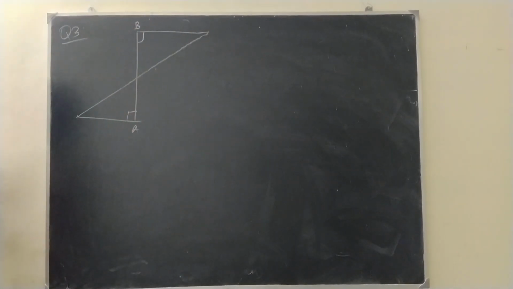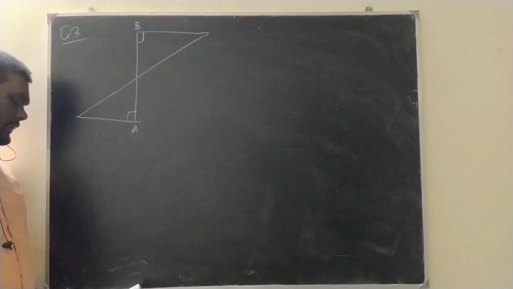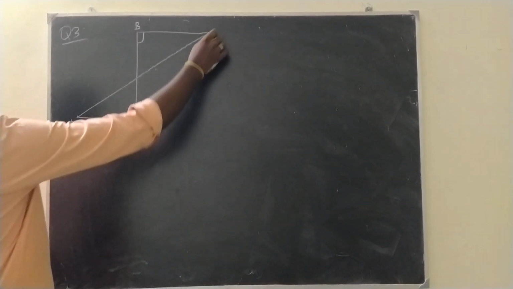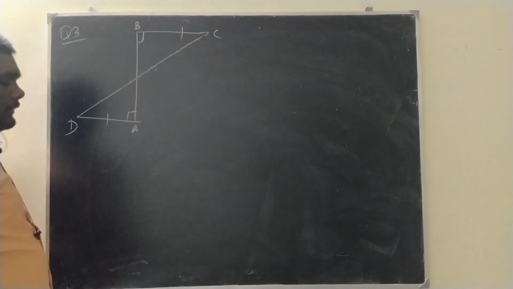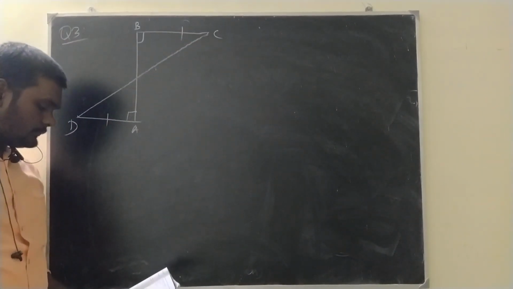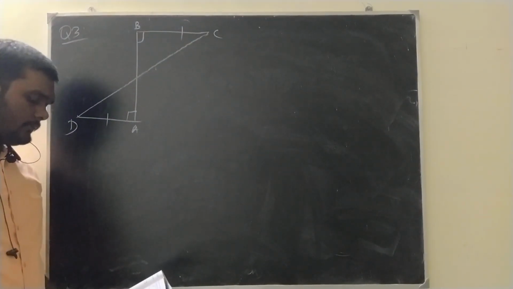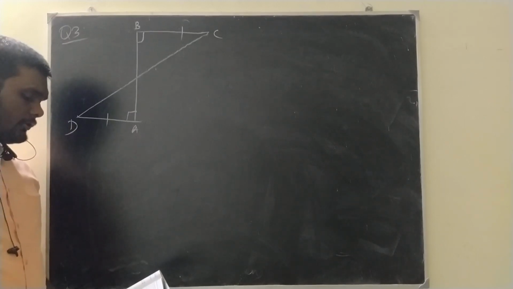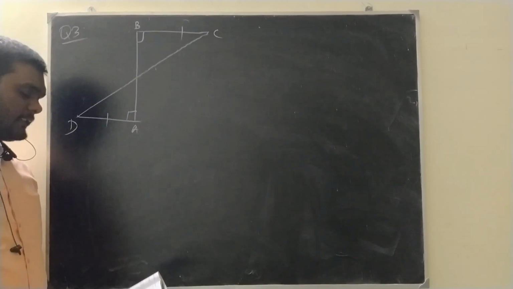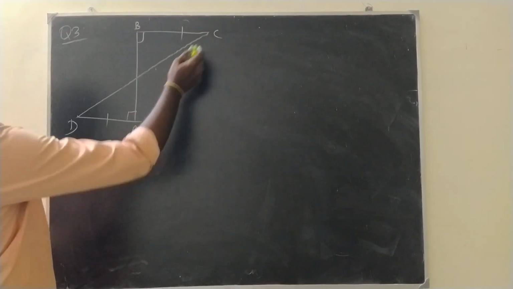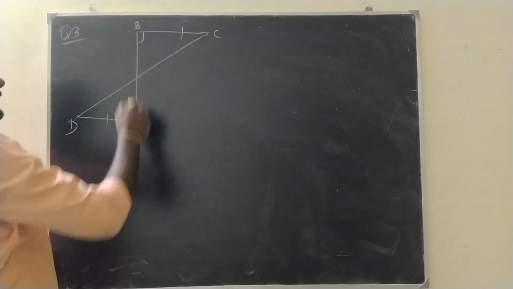For this line segment, we are drawing equal perpendiculars. Already drawn equal perpendiculars. Those are AD and BC. Show that CD bisects AB.